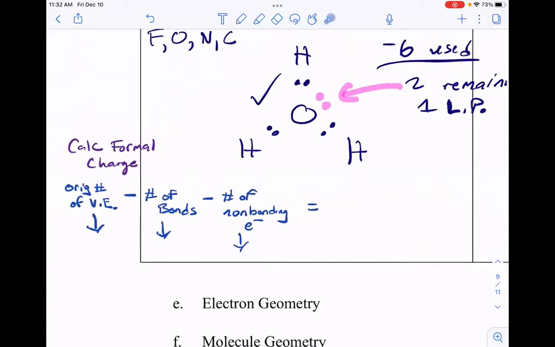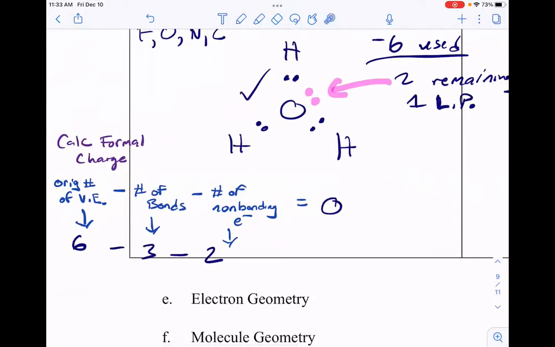If you calculate the formal charge for oxygen, I have 6 original valence electrons for oxygen, 3 bonds for oxygen, and 2 non-bonding electrons. And so if you calculate the formal charge, this is +1. This is the reason why the overall charge for hydronium is +1. It's from the formal charge.